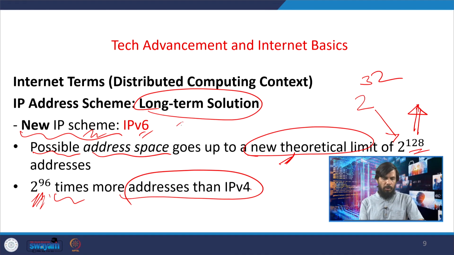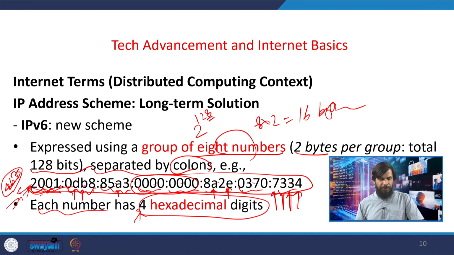Then the long term solution we talked about is IPv6, which increases the possible address space to the power 128, which is quite huge, and therefore it will resolve that problem eventually when wide scale adoption happens. It is expressed as 8 numbers, each of those numbers having 2 bytes, and those numbers are hexadecimal digits.